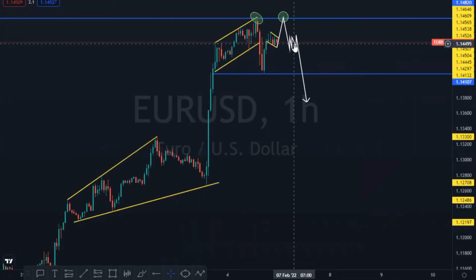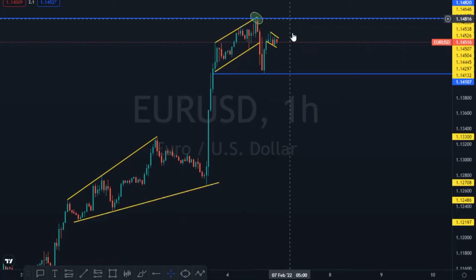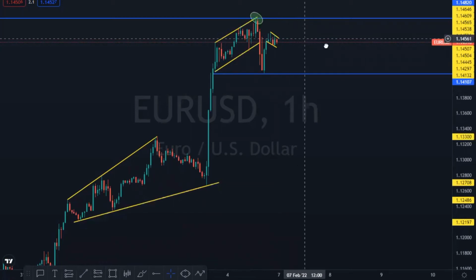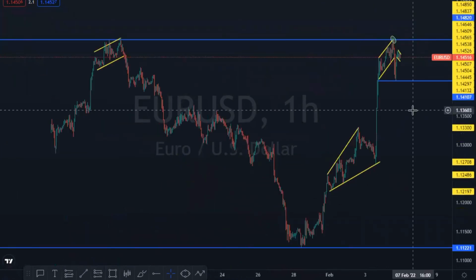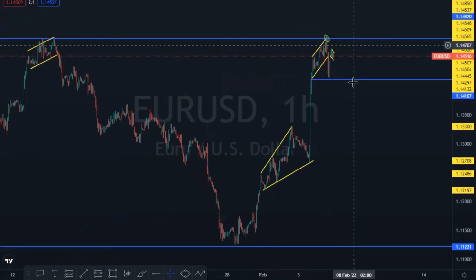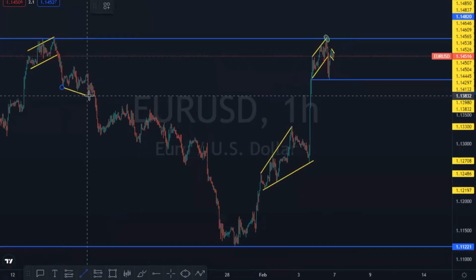You could wait for the double top to mature, or you could wait for the first correction. It will just depend on you guys. But for Euro USD, I'm looking for selling opportunities, because normally the left hand side likes to be mimicked on the right hand side, guys.